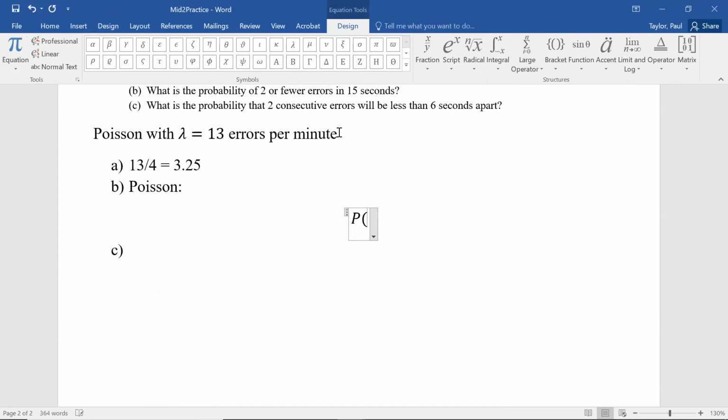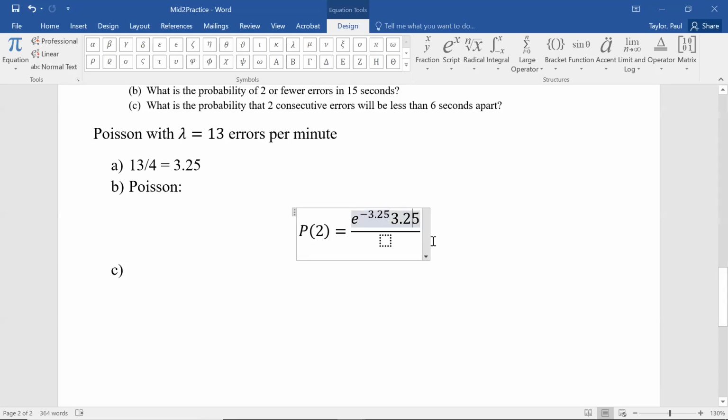So the probability that we get 2 errors in 15 seconds: the expected value for 15 seconds is 3.25. We need e to the power of negative 3.25, because 13 times a quarter of a minute is 3.25.